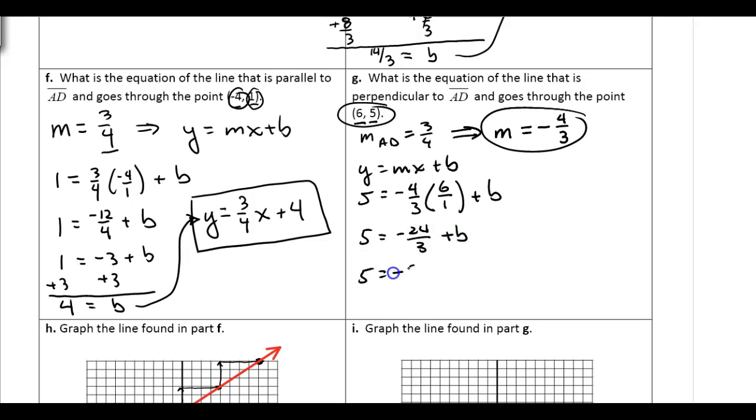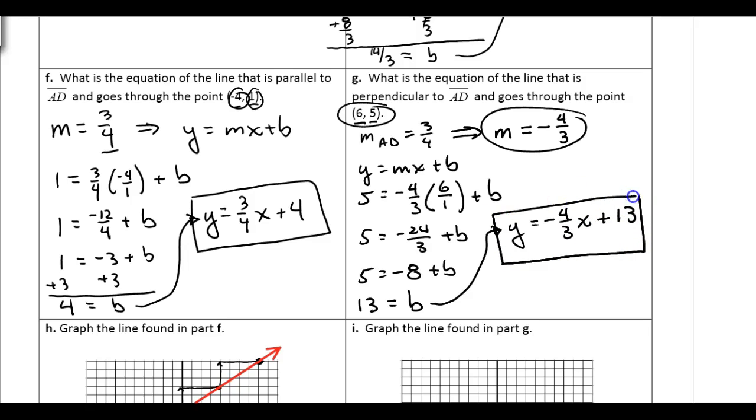Negative 24/3 is negative 8. Then I'm going to add 8 to both sides, so I get that 13 is equal to b. So now I have my y-intercept. I can go ahead and write my final equation. y equals m, which is negative 4/3, times x, plus 13. So there's the equation of the line.